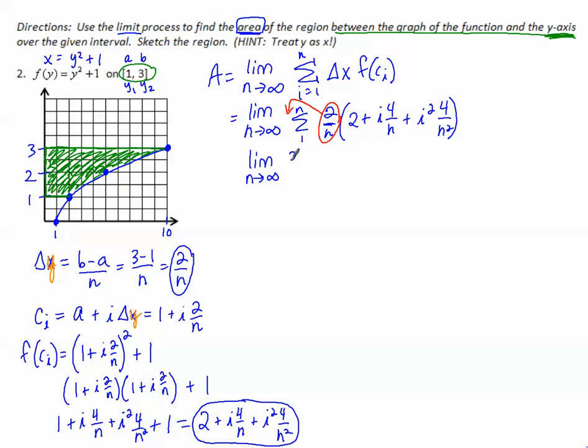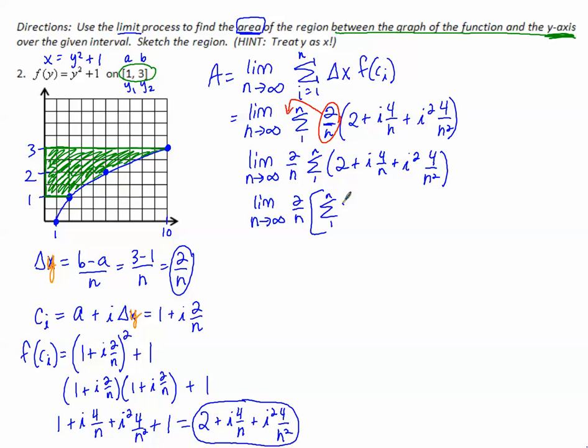Now we can use our summation properties to break up that expression. Again, we have the limit, 2 over n, and then the sum from 1 to n of each of these: the sum from 1 to n of i times 4 over n, and the sum from 1 to n of i squared times 4 over n squared. Then remember how we can take any constant multiples and pull them out of those summations.